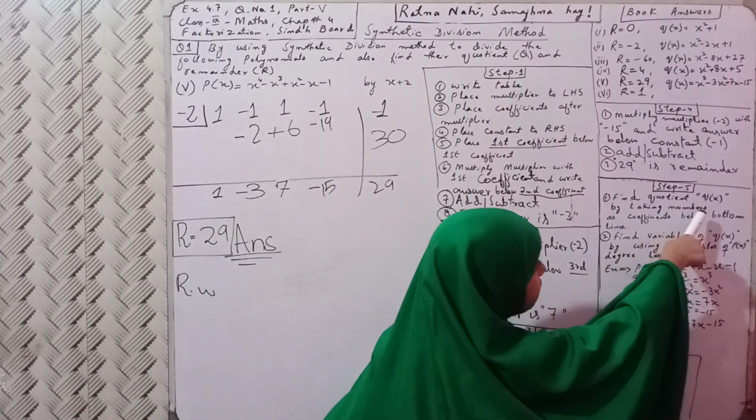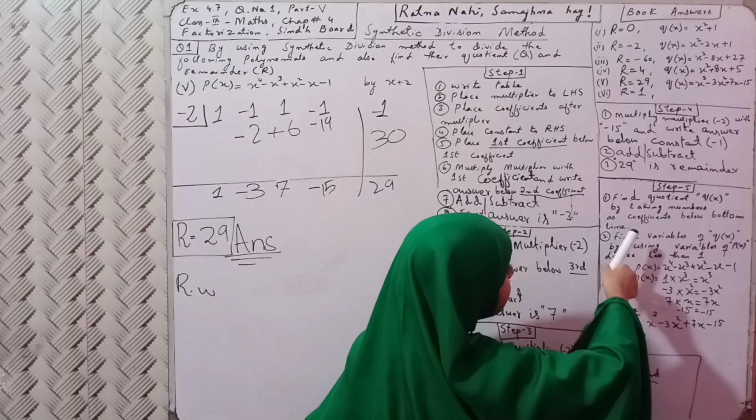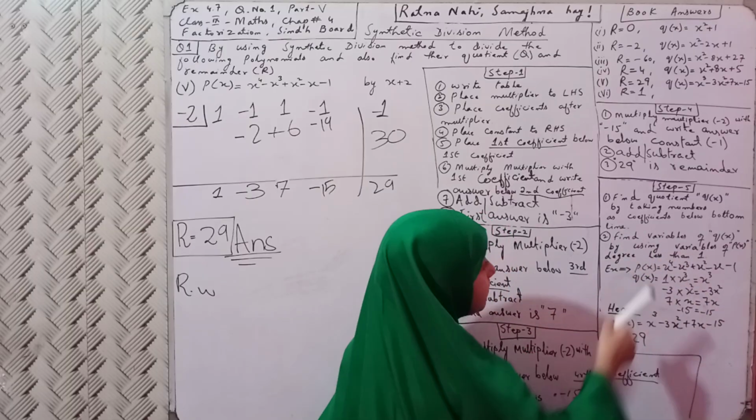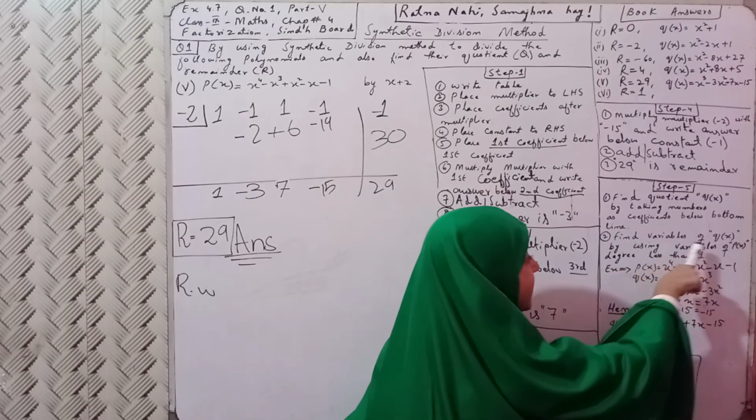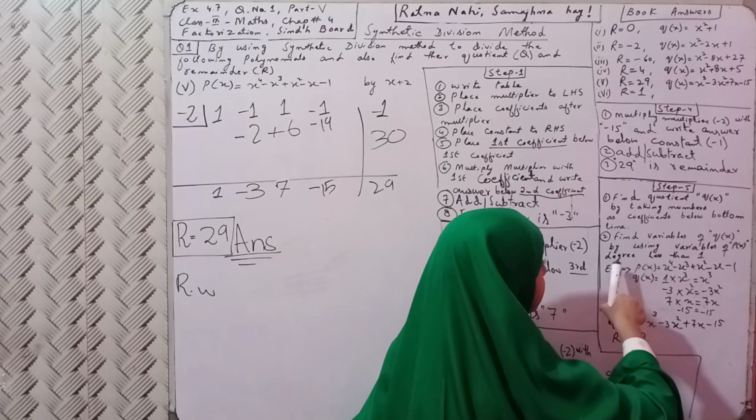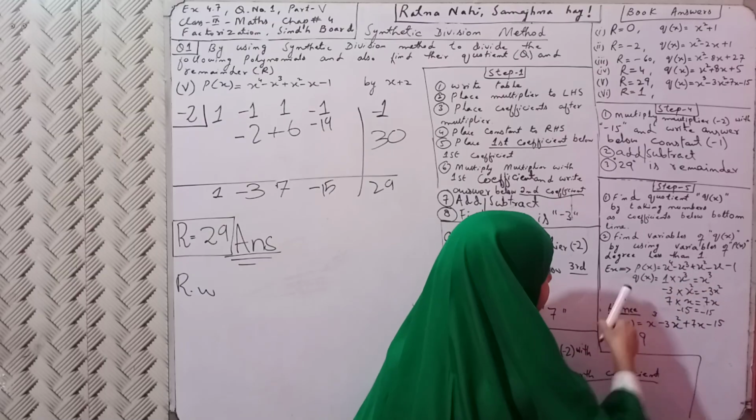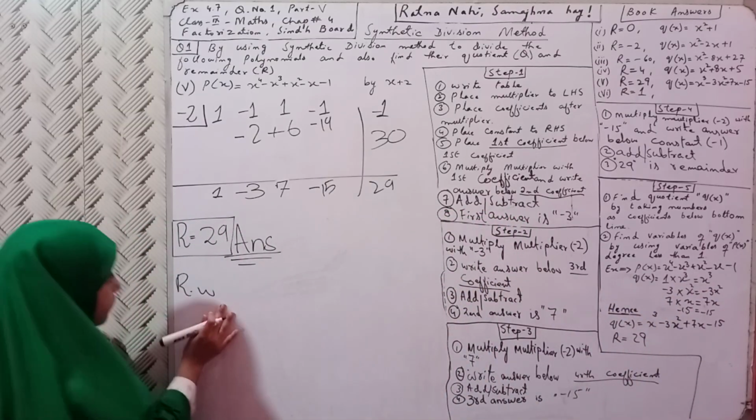First of all, find quotient q(x) by taking numbers as coefficients from below the bottom line. Understood? Second, find the value of q(x) by using variable with P(x) degree less than 1. Now I will do the rough work.